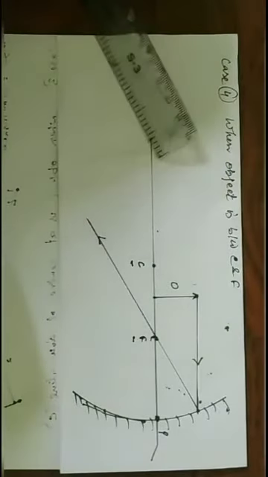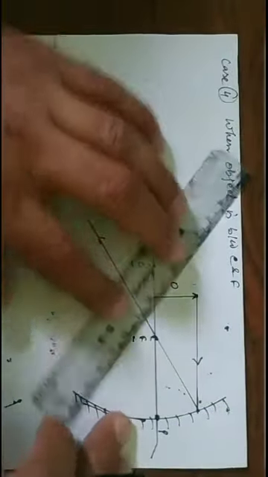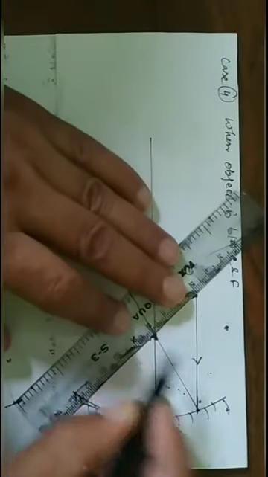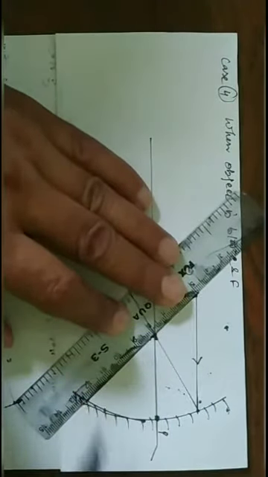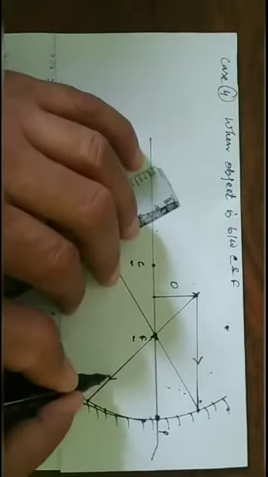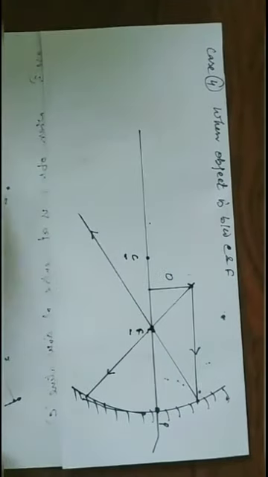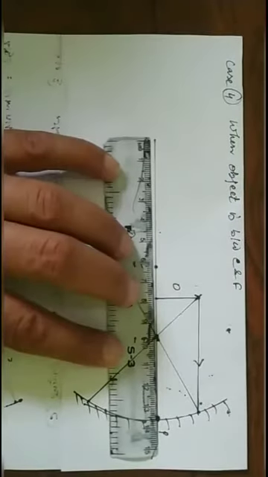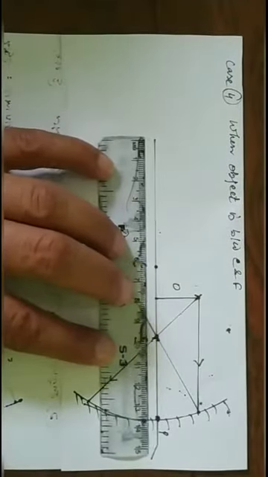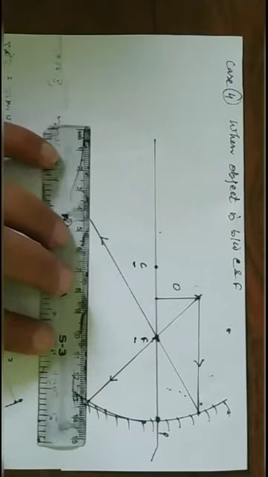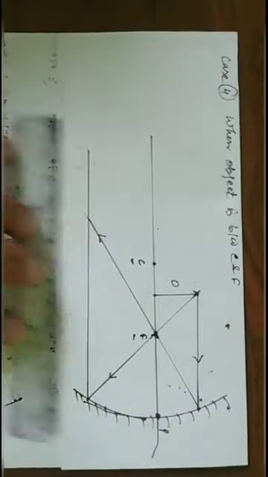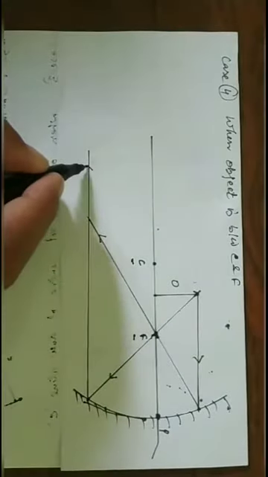Second, any ray passes through the principal focus. Any ray which is through the principal focus will become parallel to the principal axis. So it will become parallel to this principal axis. So this is our reflected ray.